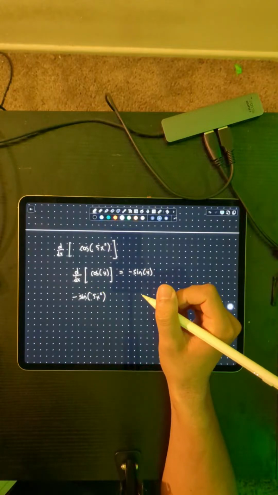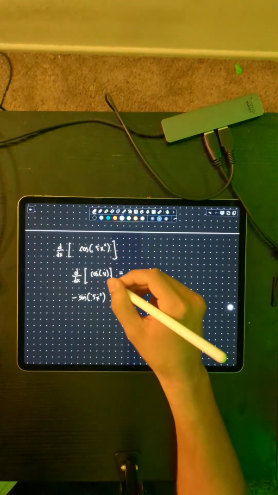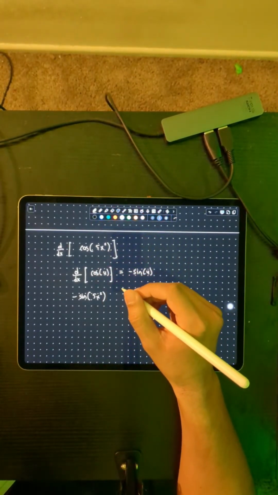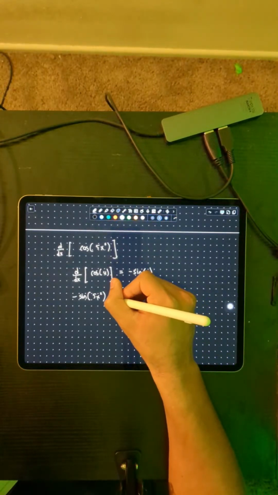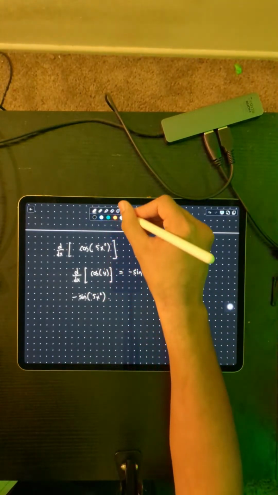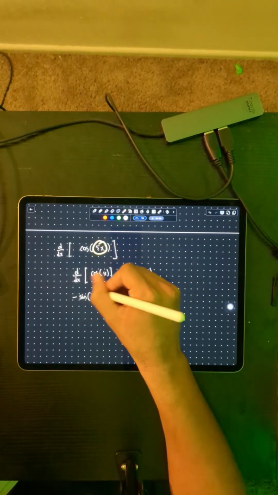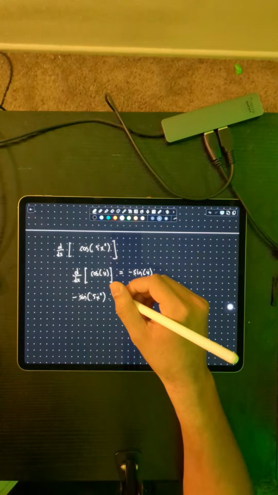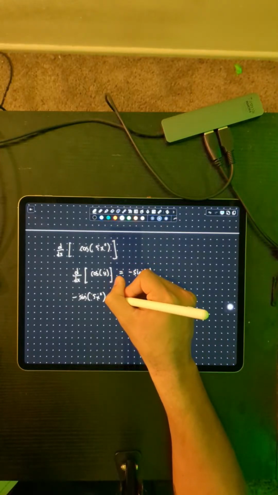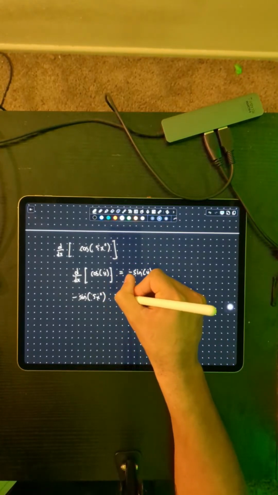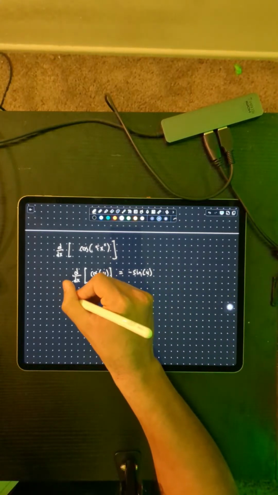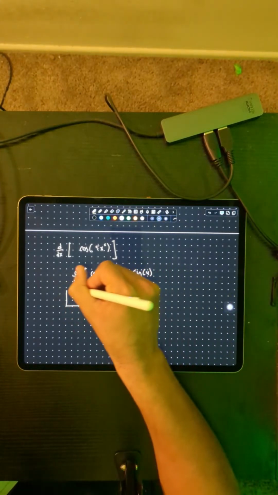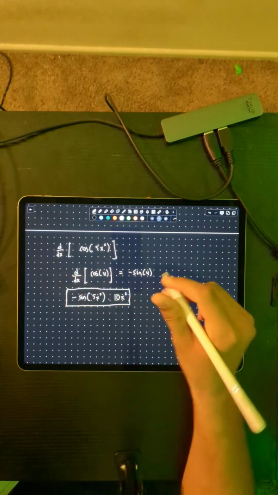However, we still have to multiply, by the chain rule, by the derivative inside the parentheses here. Negative sine of 5x squared times the derivative inside there. That's 10x squared. All right, perfect.